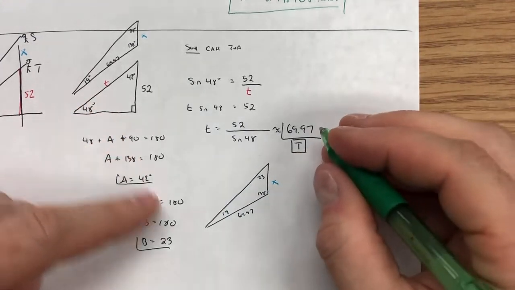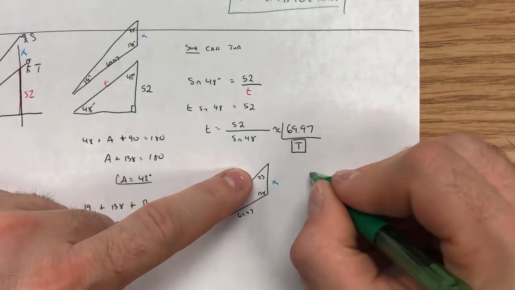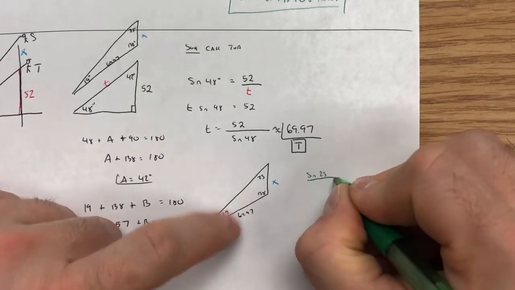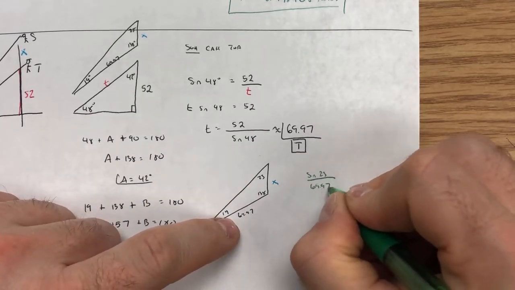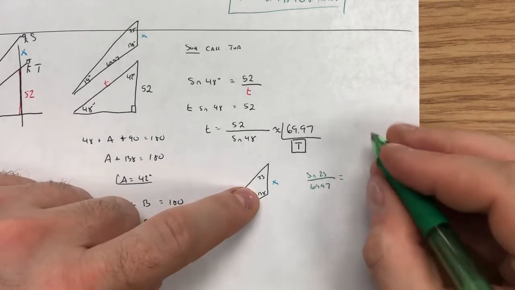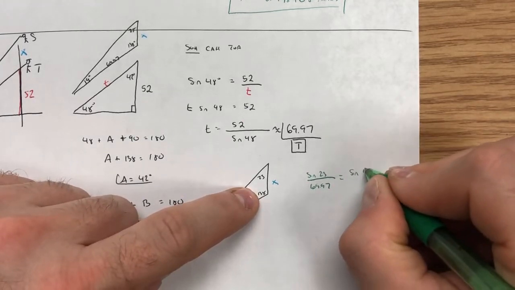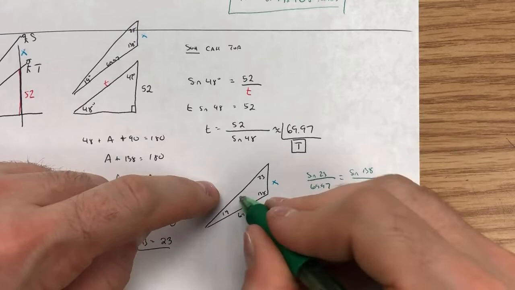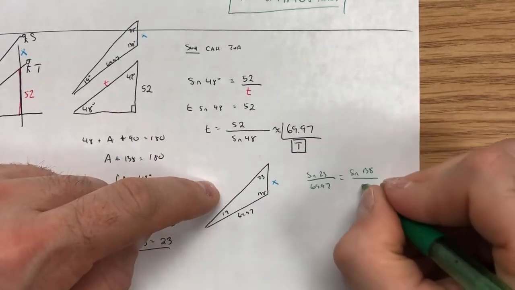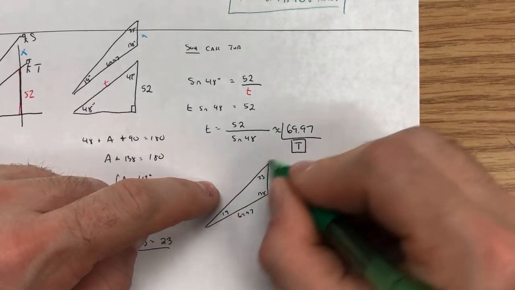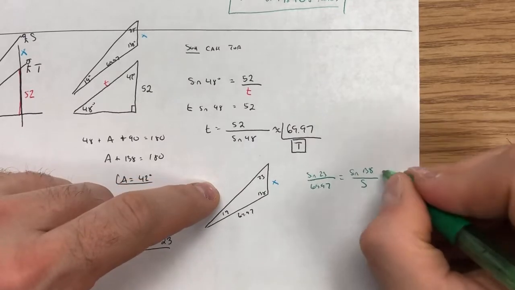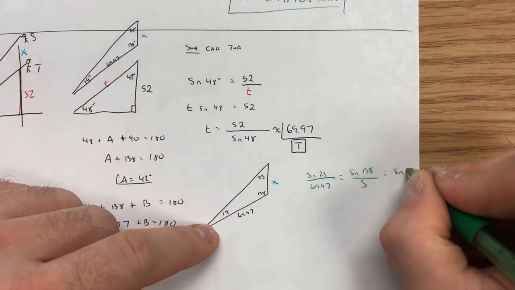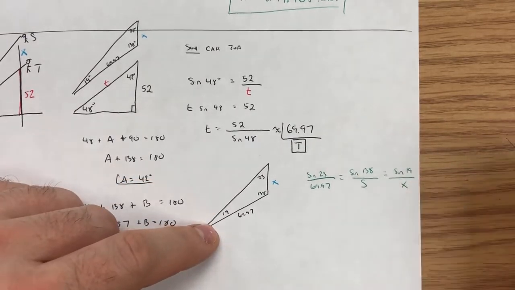One of the law of sines says that the sine of 23 over 69.97 is equal to the sine of 138 over, let's see, this is the length to the side, is equal to the sine of 19 over x.